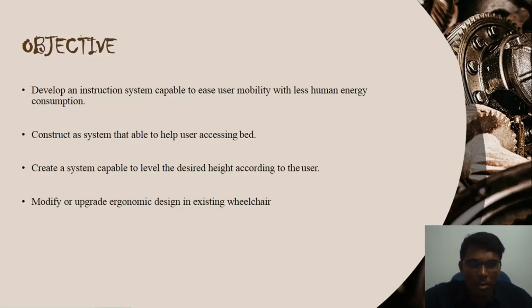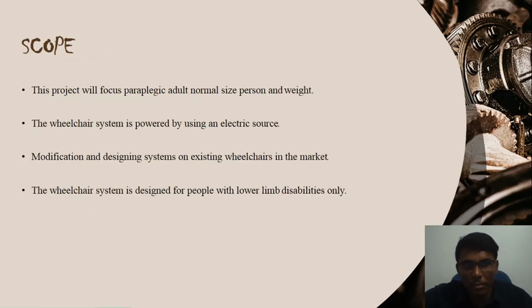The fourth is to modify or upgrade the ergonomic design of the existing wheelchair. So in our product, we modify some parts from the existing wheelchair to get an upgraded version. Next, I move to the scope.